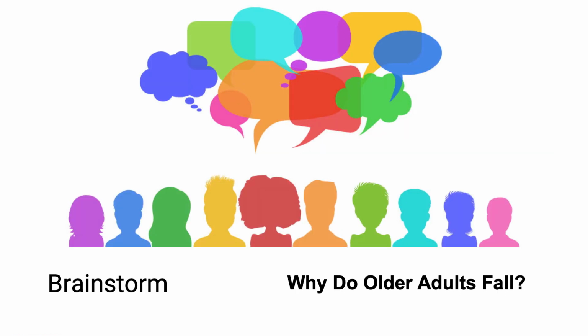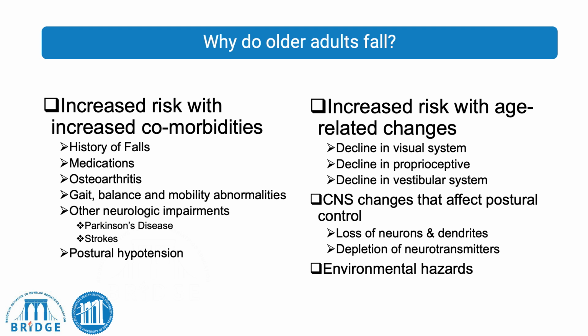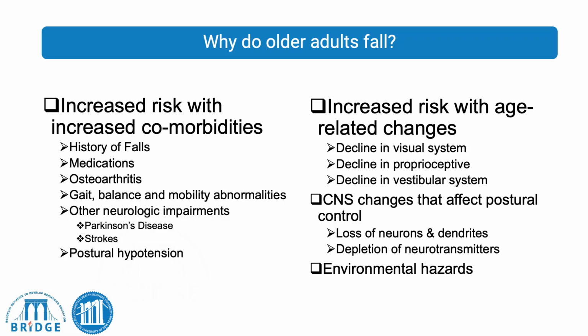So let's brainstorm. Why do older adults fall? If an older adult has a history of a fall, then the risk of a recurrent fall is greater. Medications may also lead to falls. Osteoarthritis, degenerative arthritis, gait and balance abnormalities, mobility abnormalities can increase the risk of falling.